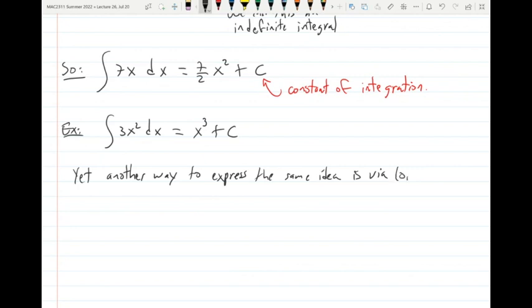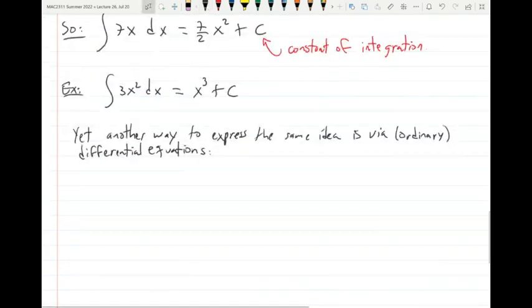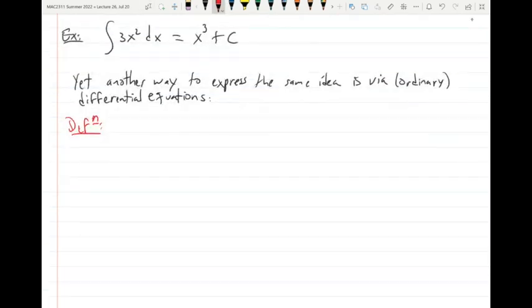In this case, we're talking about ordinary differential equations. I'm doing this because in the homework you have a couple of problems in which instead of asking you for an integral, they ask you the question via a differential equation. But they are actually asking you the same thing, and you will see it's more straightforward when you see it.